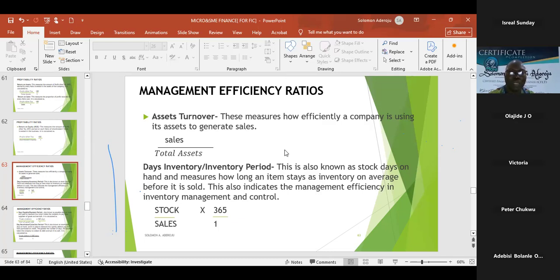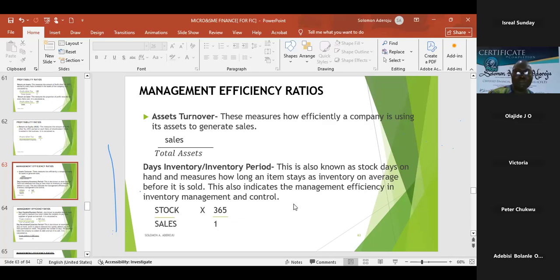It will affect your working capital. So the number of days it takes you to convert your stock to cash is a way to measure management efficiency, and it's also a way to enhance your working capital.